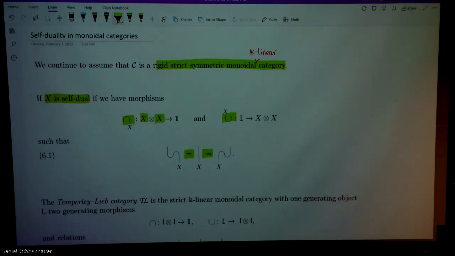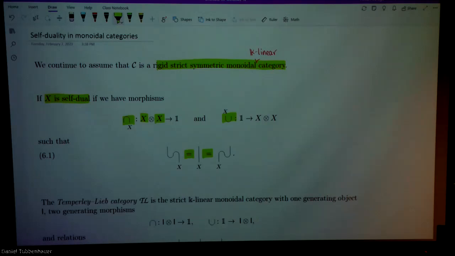We can take that strand and bend it around, and that gives us a morphism from X tensor X to the unit. And these are inverse maps precisely because of this zigzag relation. So that tells us that this Hom space is one-dimensional as well, because it's isomorphic as a vector space to endomorphisms of X via these maps.